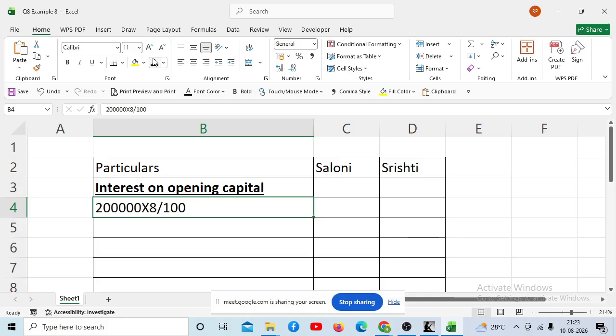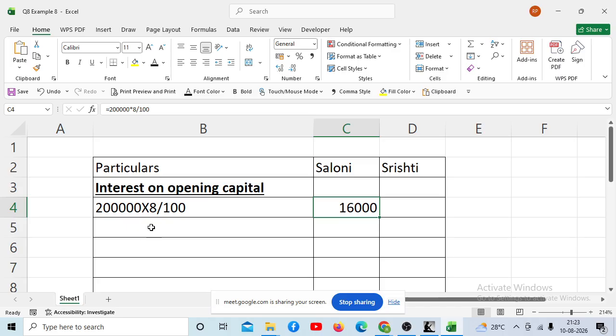Just write this first: 2 lakh into 8 upon 100, and tell me what will be the answer. 16,000.